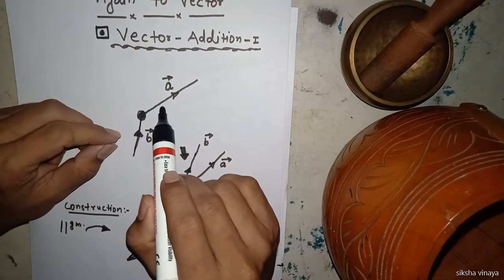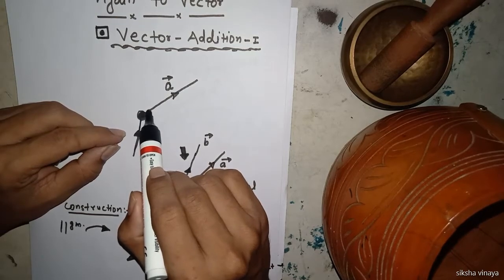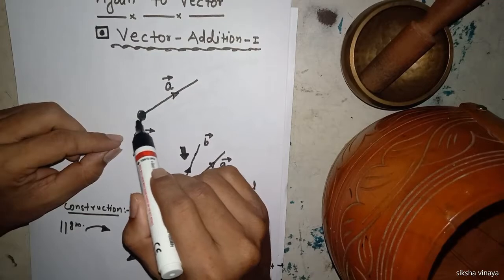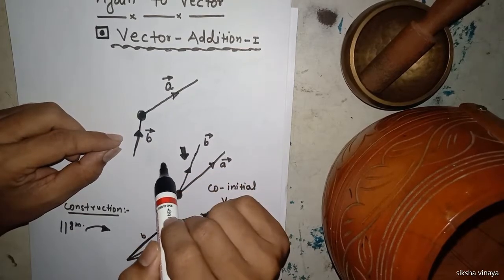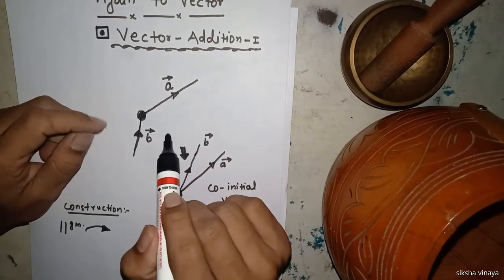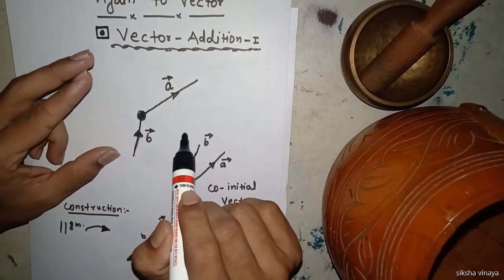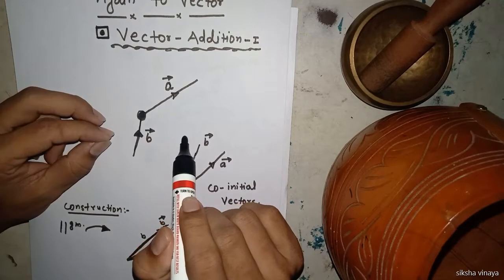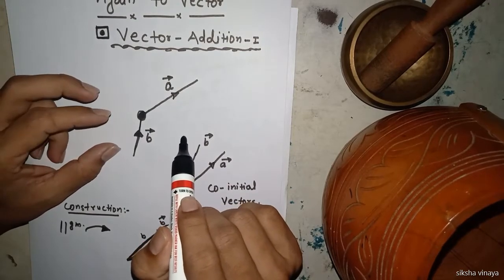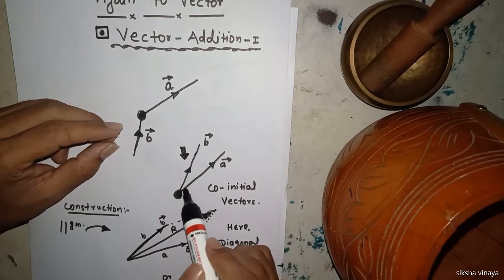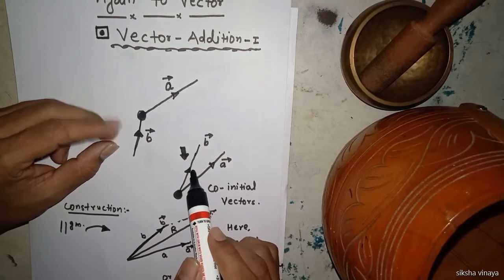So this vector's head is here and tail is here. You have to take the tails of these vectors at a single point, or at that object upon which they act. So I am taking the tails of these two vectors.